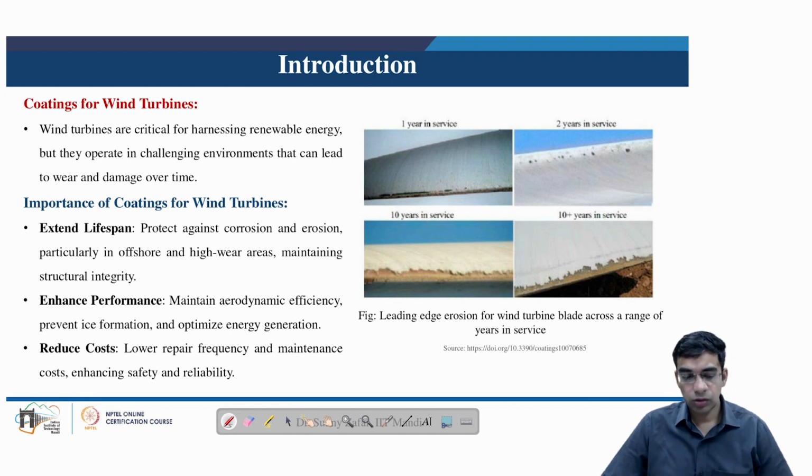The coatings are also known to enhance the performance of the wind turbine by maintaining the aerodynamic efficiency, preventing ice formation, and optimizing energy generation. Coatings are also important to reduce costs because they help bring down repair and maintenance costs, and they enhance the safety and reliability of the wind turbines.